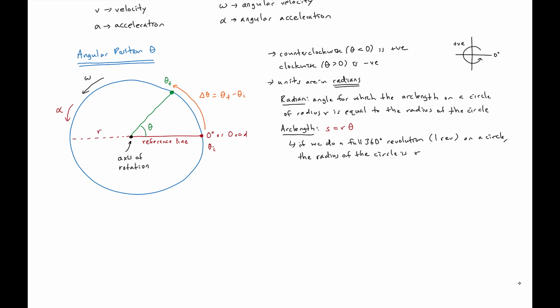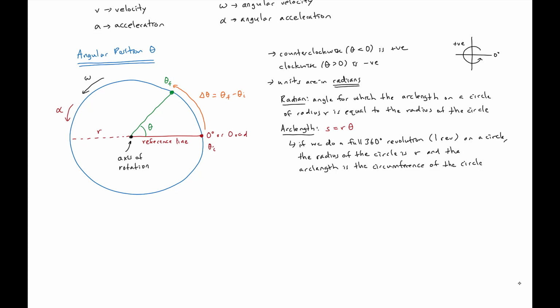That's the radius of the circle, r. And the arc length is the circumference of the circle. So the arc length is basically the length around the circle, or the path that the object takes around the circle at a specific degree.